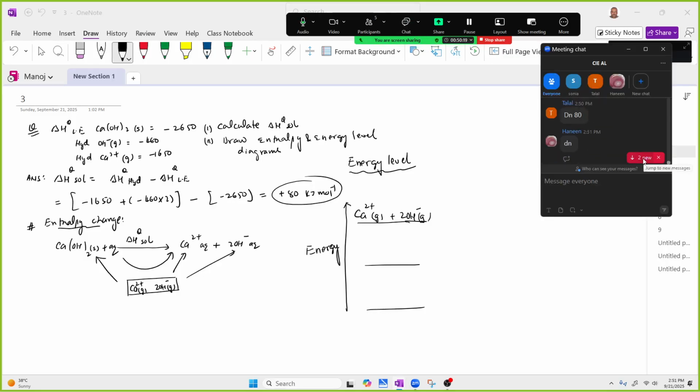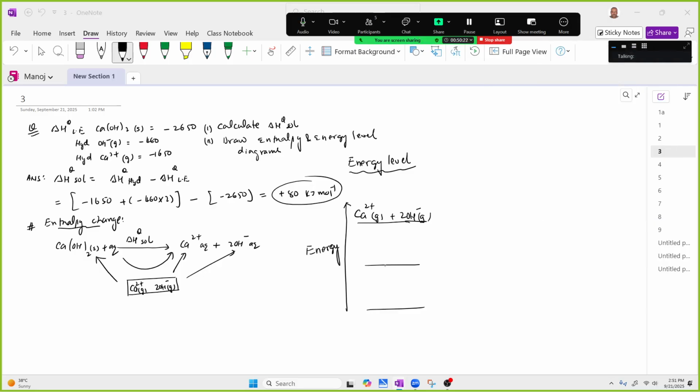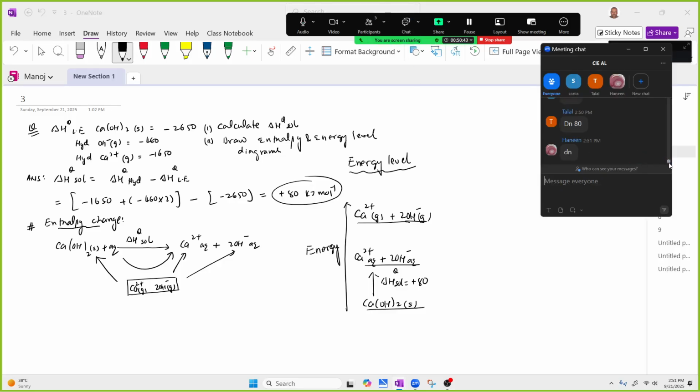So positive 80 means calcium hydroxide solid should be here and calcium aqueous ion should be here. Talal, are you okay on this one now? Because this has to be the delta H solution, which is a plus 80. Does that make sense? So if it is positive, you will keep aqueous in the middle. If it is negative, you will keep aqueous at the bottom. Have you understood? Simple it is.